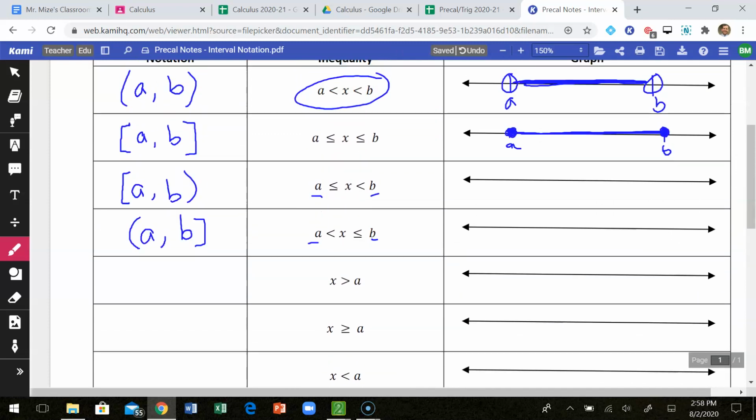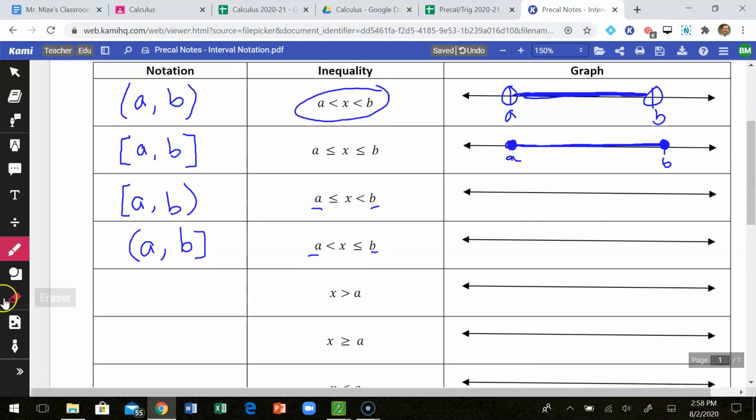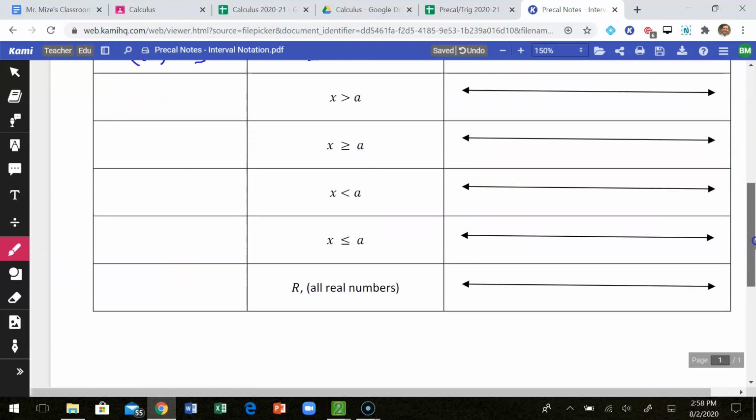Scrolling down, those are the only ones where I have endpoints on both sides. Our numbers are strictly between two numbers, between A and B. Okay. When I get down to this next one, I've got x is greater than A, so what would that mean? Well, I would have an open circle at A, and you would just draw this arrow off to the right, right?